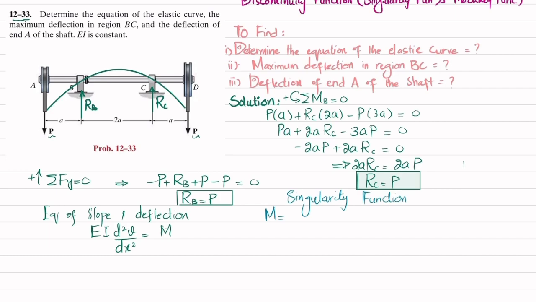We have the equation M is equal to P into X minus A, in Macaulay brackets, power 1.